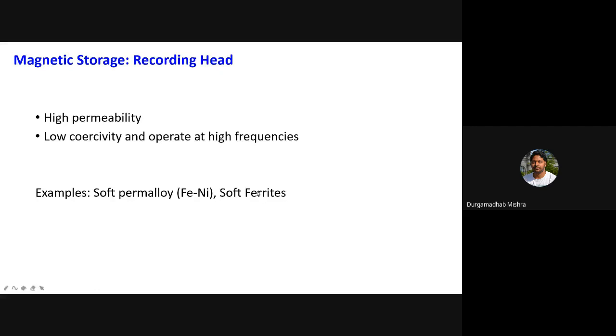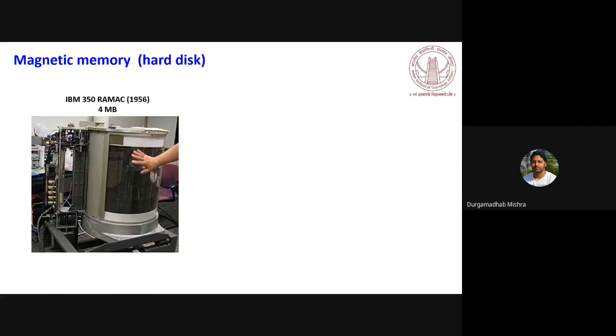And people also use soft ferrites. This permalloy will be a little bit cheaper compared to ferrites, but soft ferrite is also a good material for your recording head as well. So these are the materials which are used. Okay. So this is about tapes.